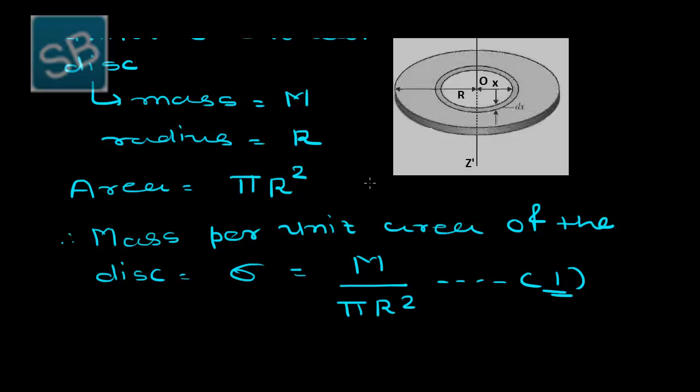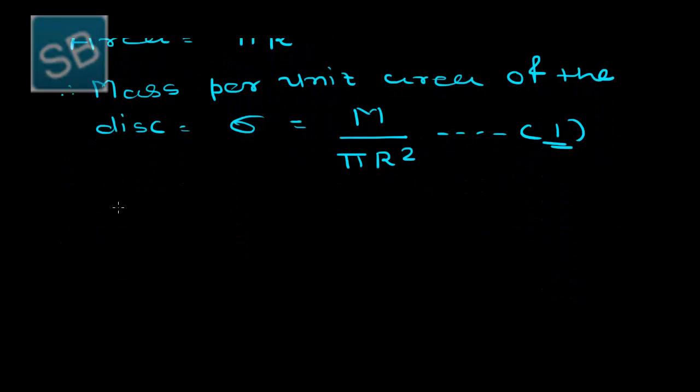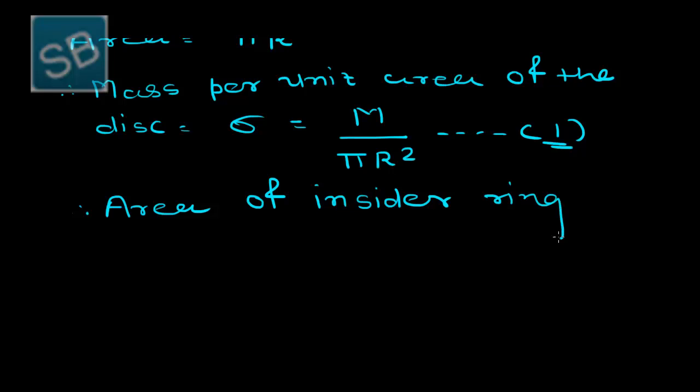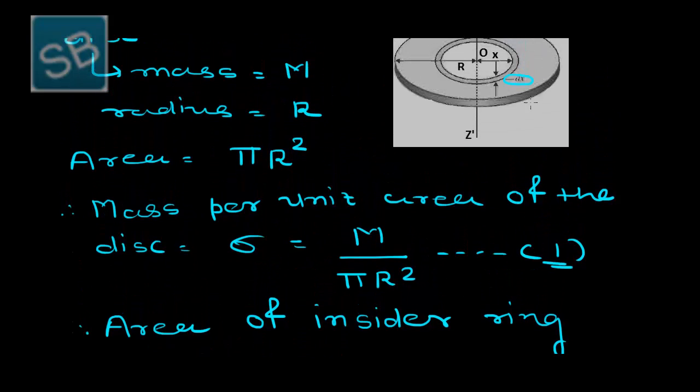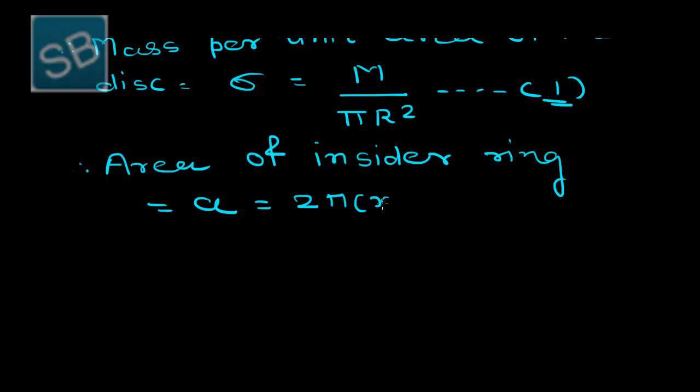Now the area of such a ring, if we consider a small line element inside the circular disk, the area of a ring is equal to small a, that is equal to twice pi, and here the distance between two rings is x, and the element which you have observed is given by dx, so it is twice pi x dx.